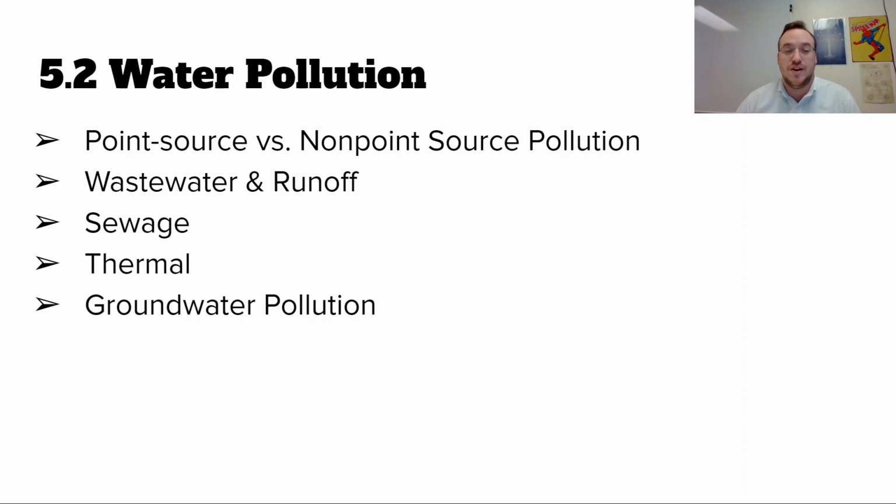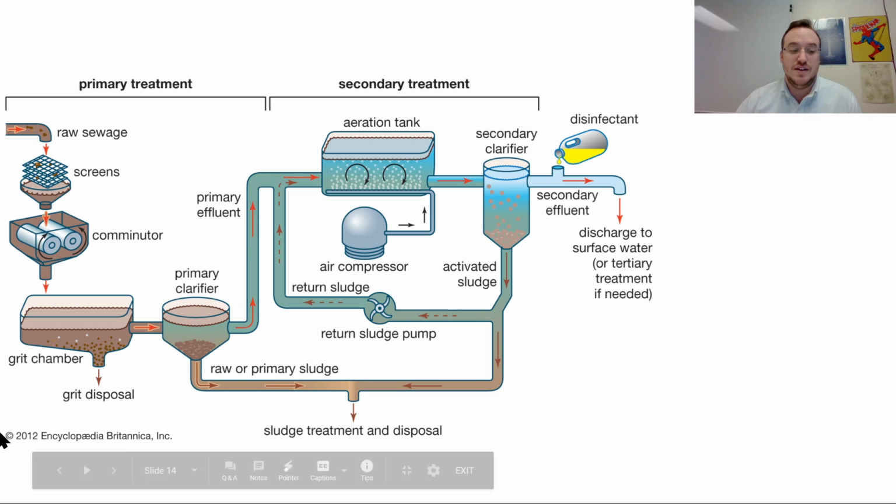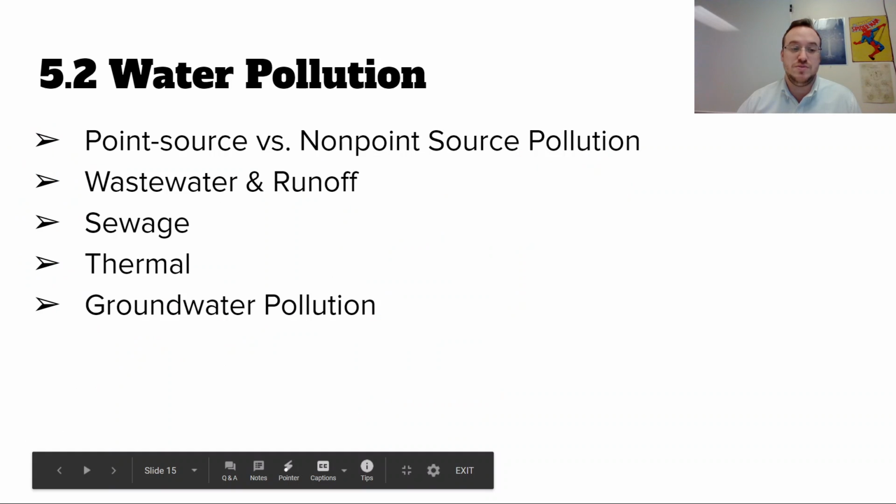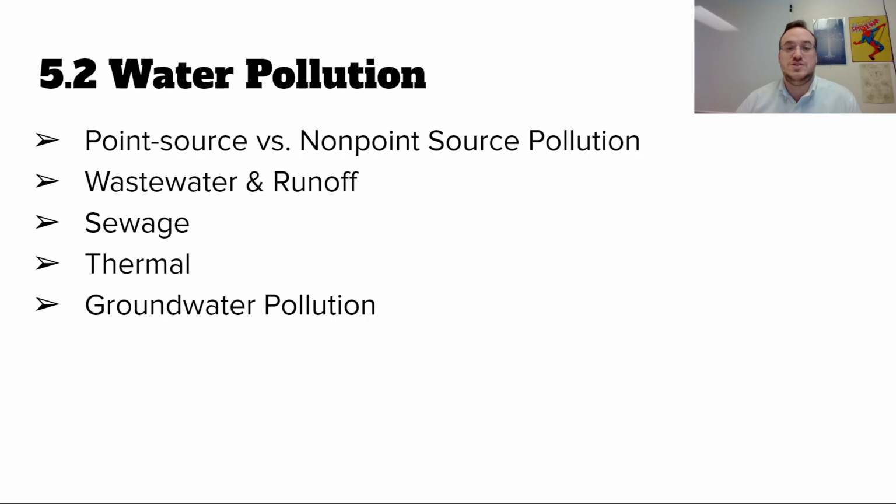Wastewater and runoff can become pollutants. So if your wastewater isn't being treated correctly, or if, I'm going to go back a slide, this grit disposal or the sludge treatment or this stuff gets put into a natural waterway, that would be a pollutant. Runoff here is talking about water that, say, hits pavement or is melted snow sometimes, and it's going to take any pollutants that were once on something, and as it moves off of wherever it is, it's going to bring those pollutants with it.